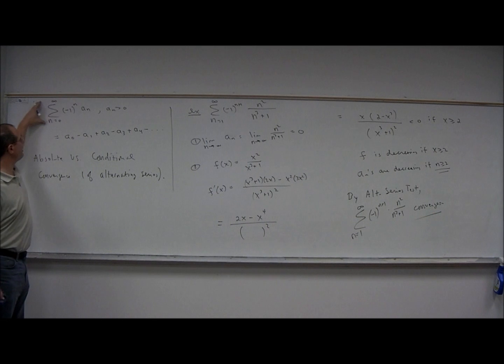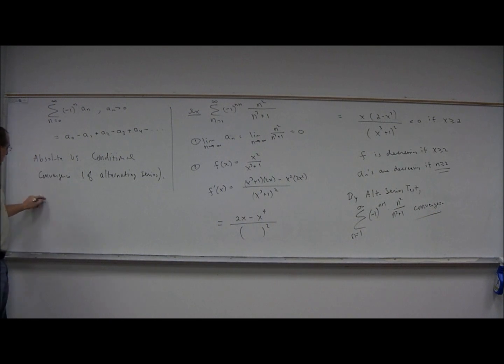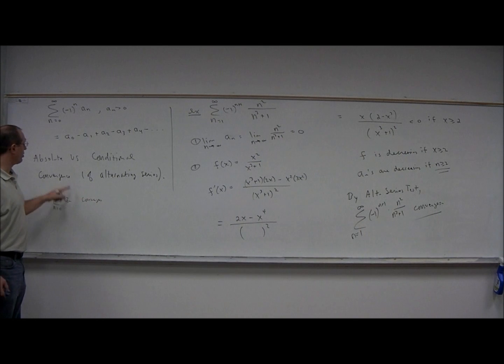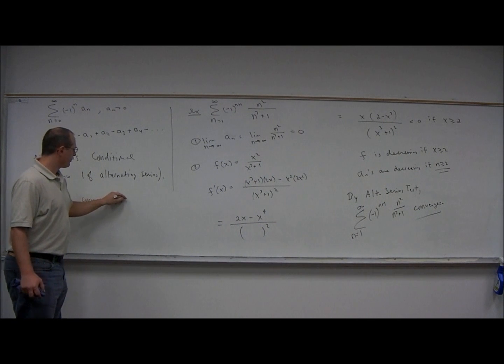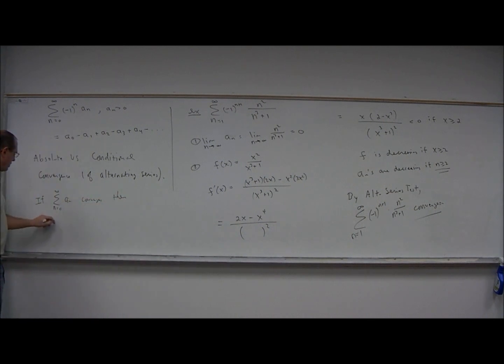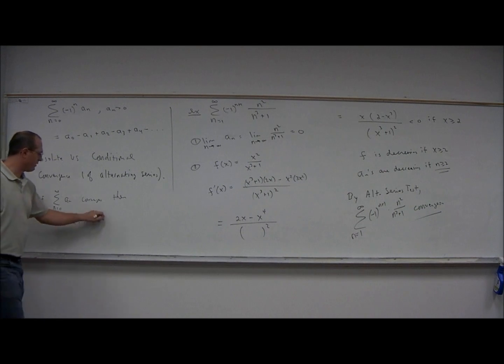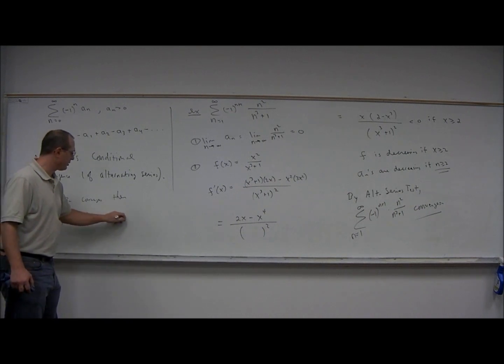So suppose we're given an alternating series, the sum from n equals 1 (or 0) to infinity. If this converges even if we remove the alternating symbol, minus 1 to the n, so that now this is just a series of positive numbers, if this converges, then we say that the alternating series converges absolutely.